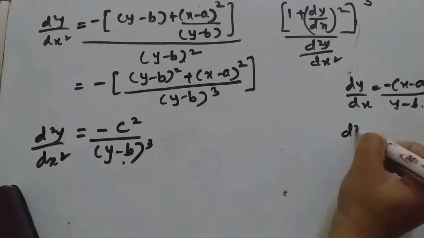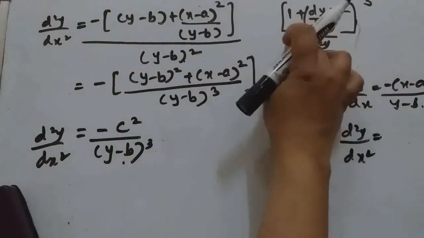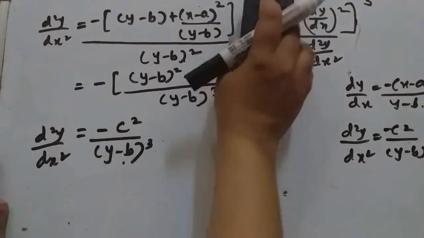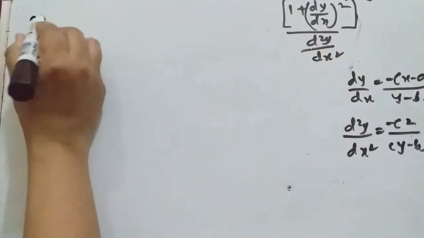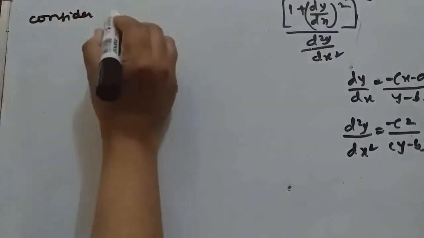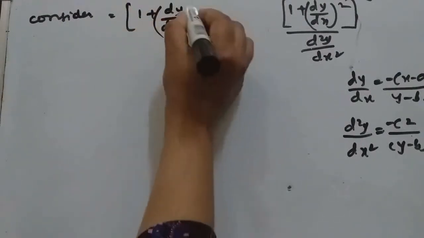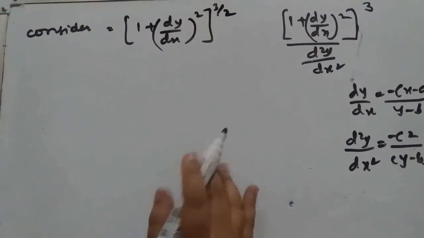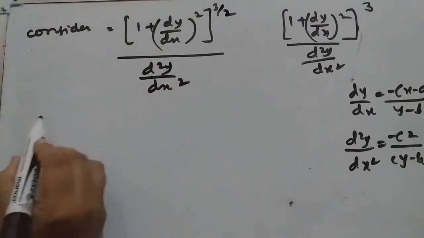Now this value also I will write somewhere, because we have to consider this term and we will substitute both these values here. Okay, so now next step is consider (1 plus dy by dx whole square) bracket power 3 by 2, divided by d square y by dx square.